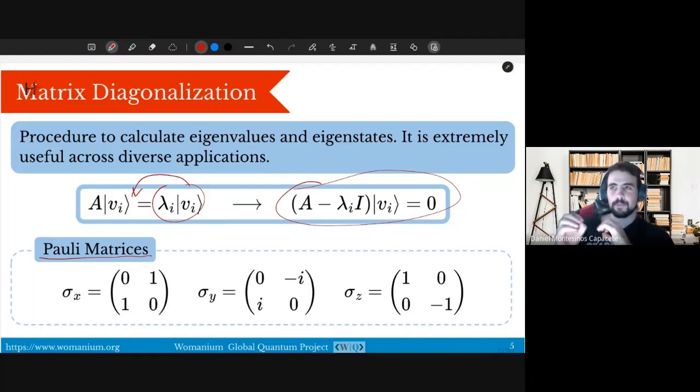You can obtain these matrices from doing some special calculations, but that's something that we are not going to do. Basically, these matrices are very important in quantum mechanics because they represent certain physical systems, like certain observables, as we are going to define and see later. So these are going to be important matrices.